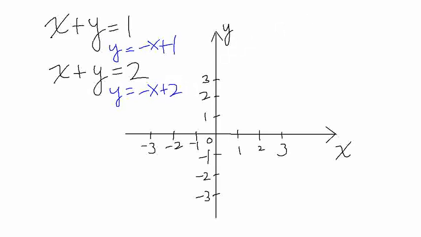So the first linear equation corresponds to a line with a y-intercept of 1 and a slope of minus 1. So that would be this line. And the second linear equation corresponds to a line with a y-intercept of 2 and a slope of minus 1.